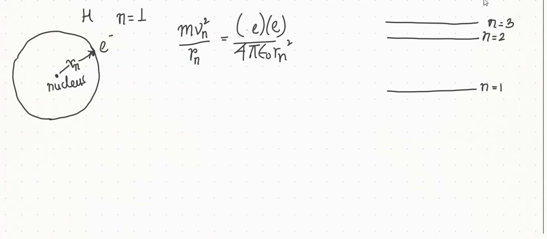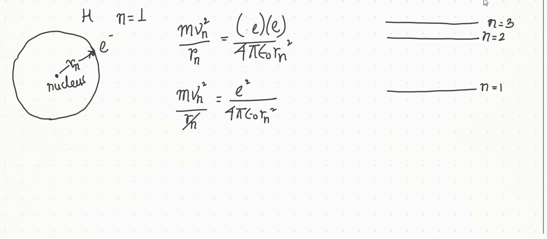So it becomes simply e square divided by 4 pi epsilon naught rn square, and on the left side m vn square divided by rn.